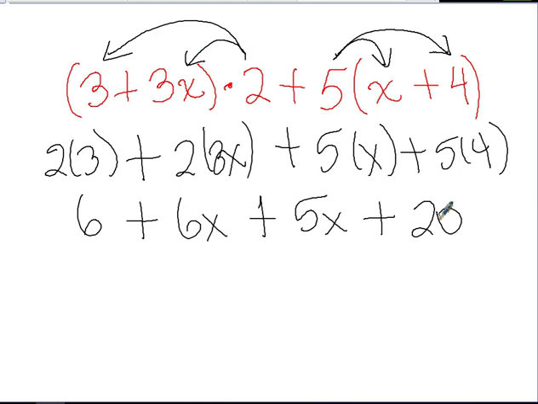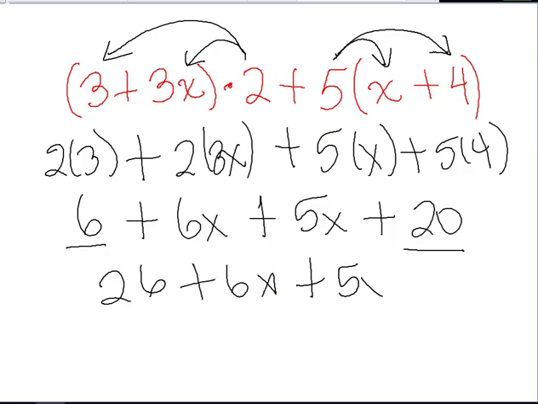I look again for like terms. The first thing I see is that there's a 6 here and there's a 20 here, and those are both constants. And since they are both constants, I can combine those. So this 6 with a positive 20 gives me 26. Bring everything else down, plus 5x, plus 5x.